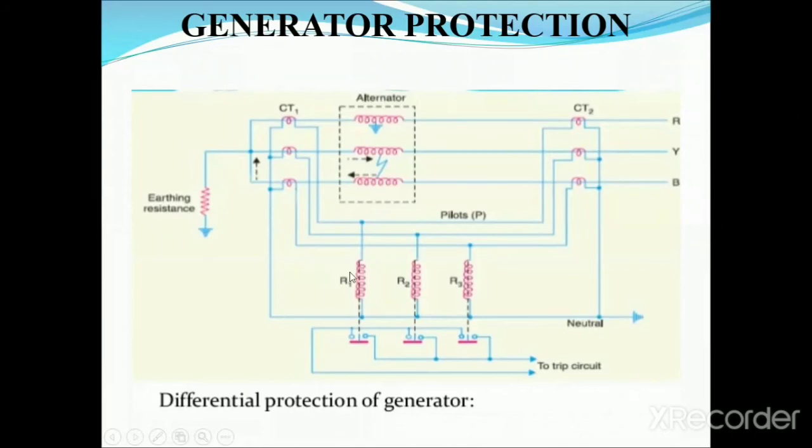That differential current will be flowing through this relay coil R1, R2, R3. Then the relay coil will be energized. Then this plunger moves in the upward direction, the tripping circuit is closed, and it gives the indication to the circuit breaker.